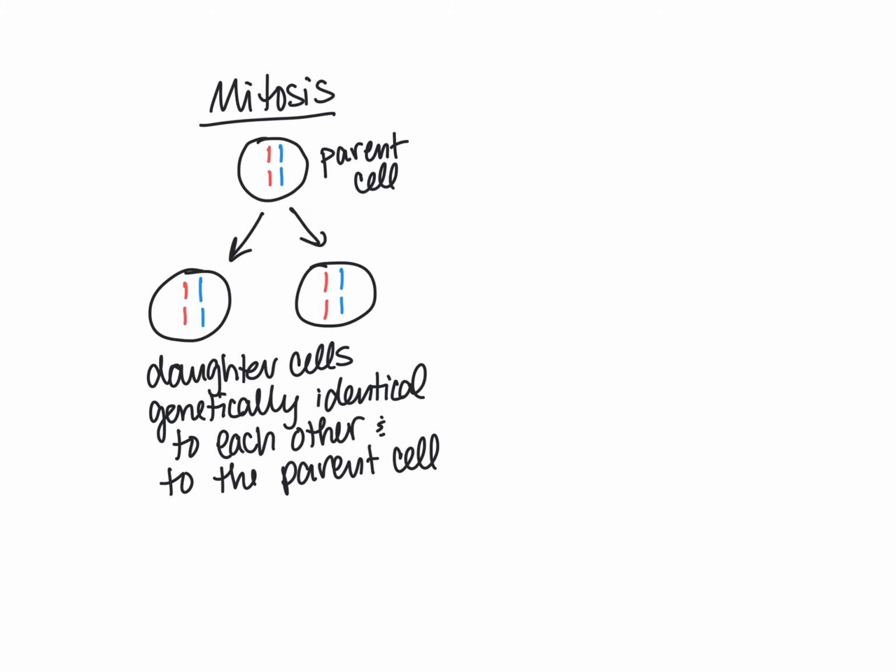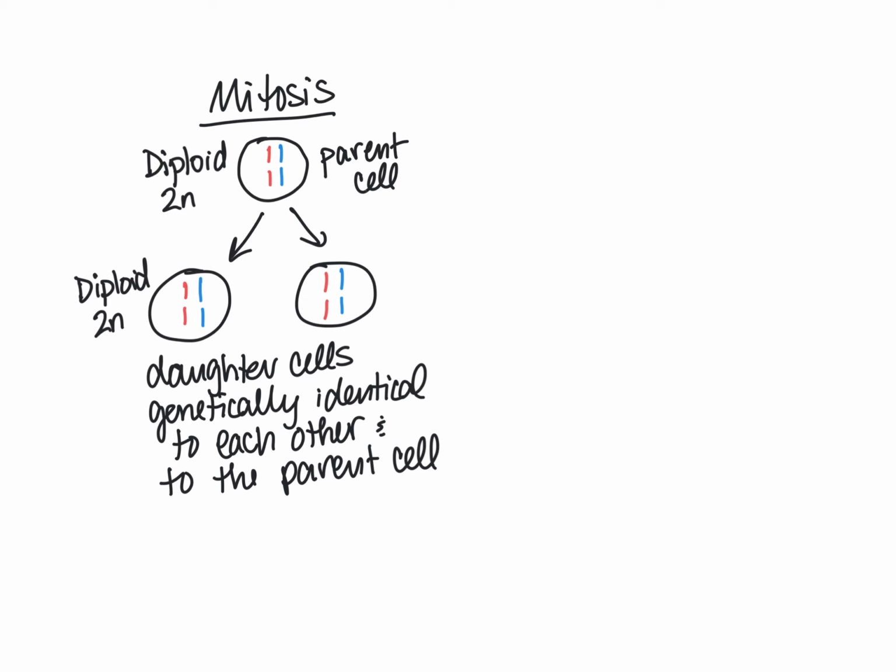In the example I drew here, we started out with a diploid cell. So we had 2N, meaning that we have two sets of chromosomes: the red set and the blue set. The daughter cells are also going to be diploid, because remember, they're identical to the parent cell. If the parent cell is diploid, the daughter cells also have to be diploid.